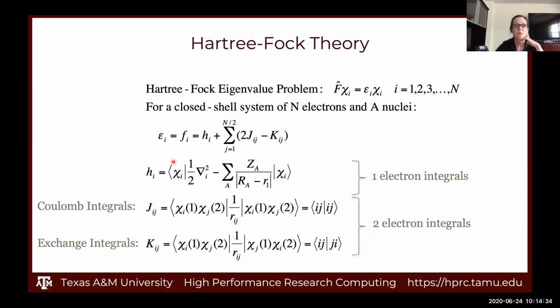Okay, so here is the front of the integral, and here's the back of the integral, and this is the operator in the middle, operating on the thing in the middle. So if you have both the bra and the ket, then you're integrating over all space. So this is just shorthand notation for integrating over all space.